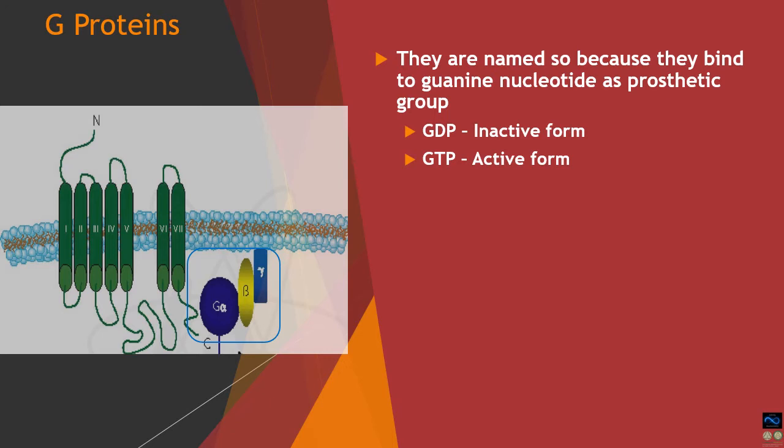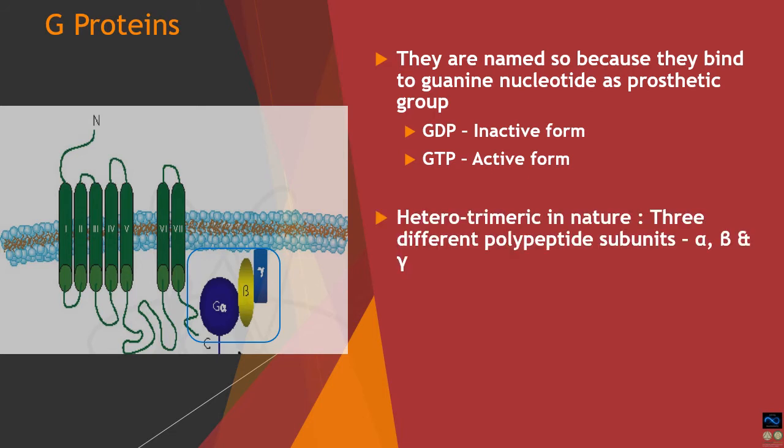When the G proteins are bound to GDP, they are in inactive form, and when they are bound to GTP, they are in active form. So for relaying the information of a hormone to the inside of the cell and to create a cascade and a second messenger, the G protein has to switch from GDP to GTP and get activated. This happens when the hormone binds to the serpentine receptors or GPCRs.